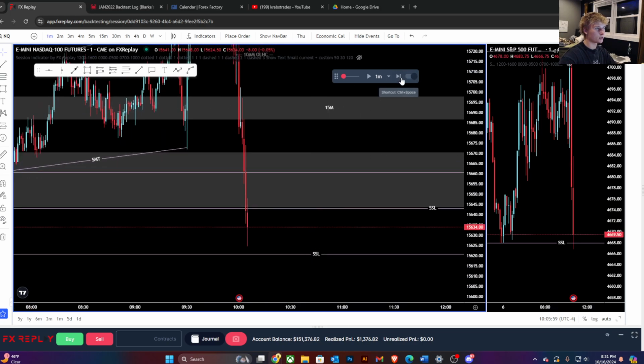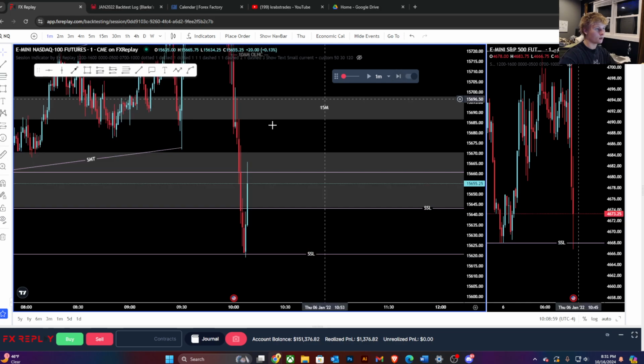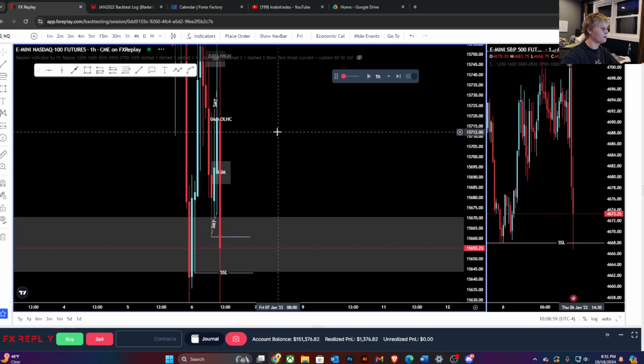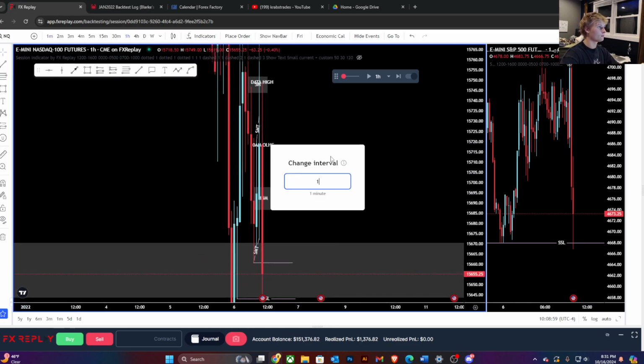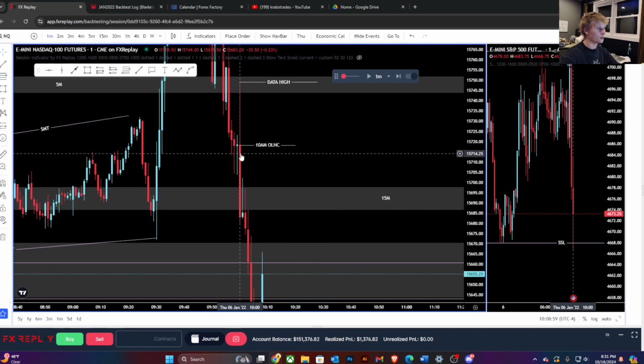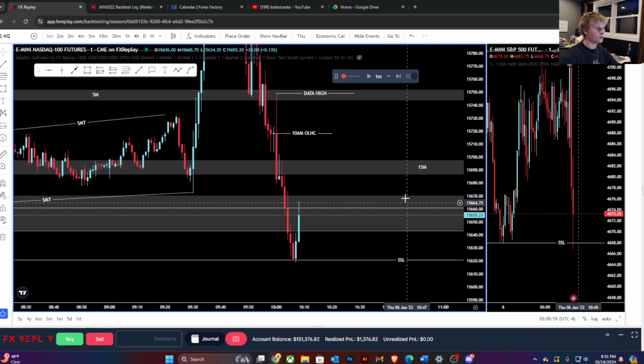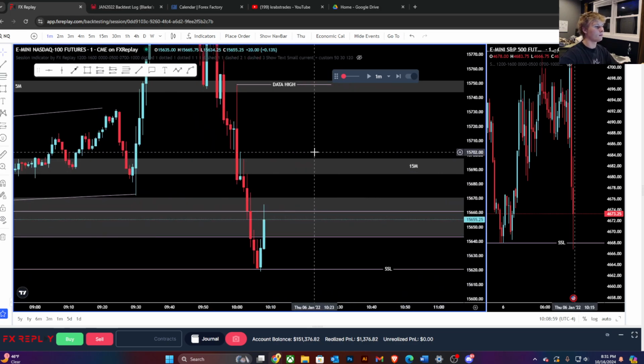Alright, we're in the sell side. Longs look super good right now. 10 a.m. straight up opened up low. Did it? I mean, we did make the top wick, I guess, but do still have data highs above.